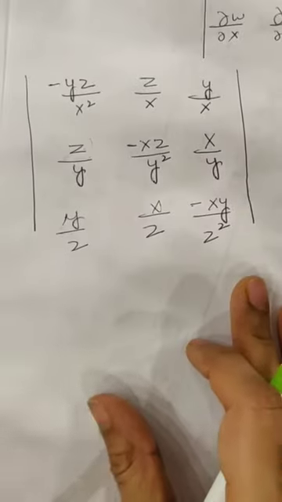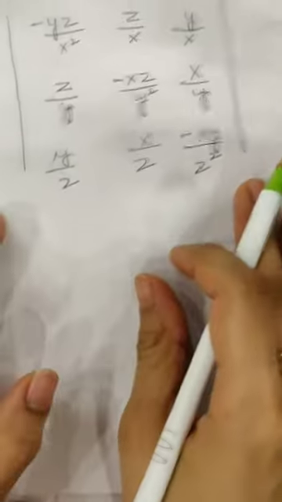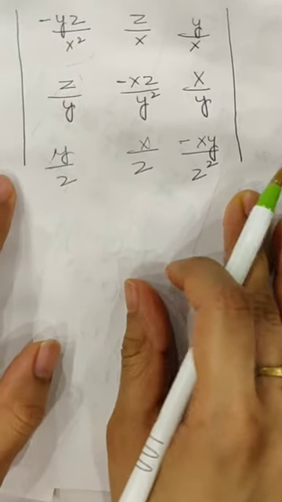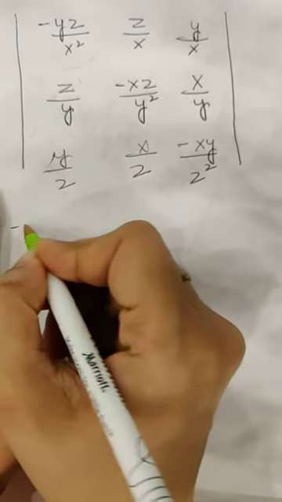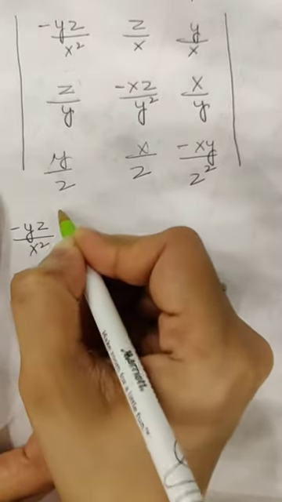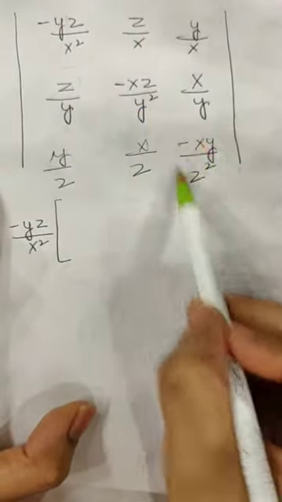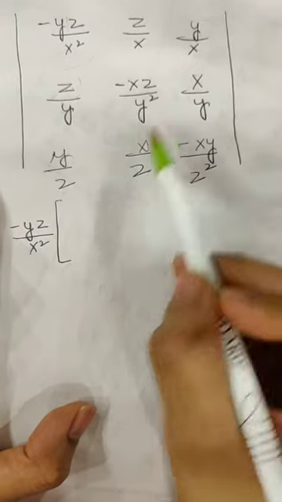Now finding the determinant. The simple rule: first term, which is minus yz by x square, and inside the bracket we cancel the first row and first column. So this term into this term minus this term into this term.